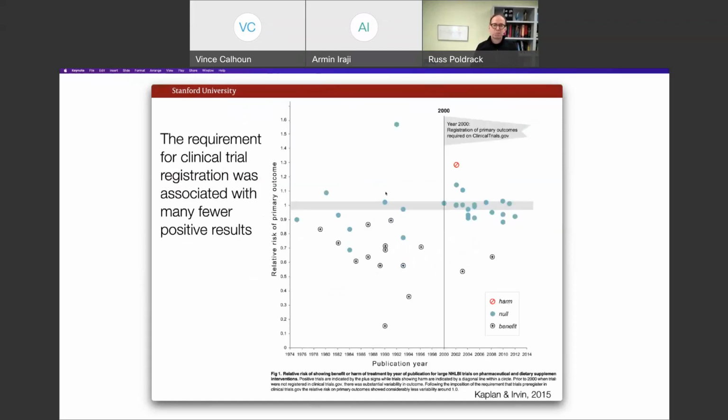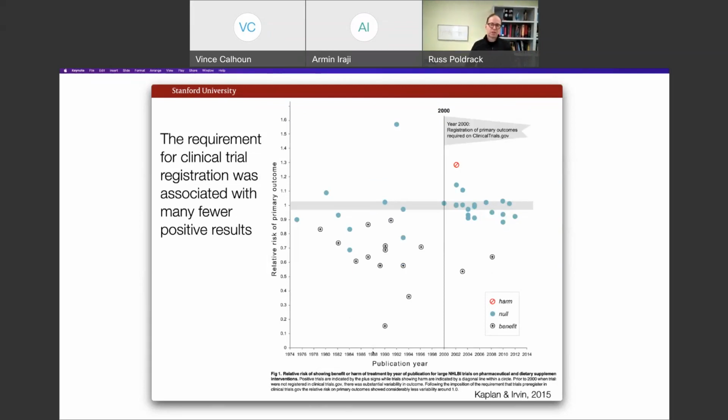The effects of pre-registration in biomedical research have been pretty striking. In the year 2000, the NHLBI, which funds cardiovascular trials, started requiring registration of the primary outcomes of clinical trials. This is from Kaplan and Irvin's paper in 2015. Before 2000, each of these with a plus sign is a positive reported result.